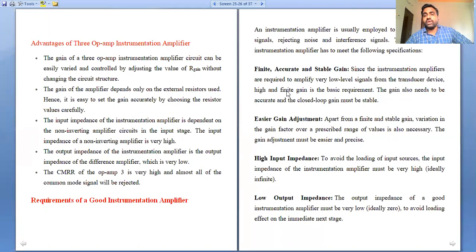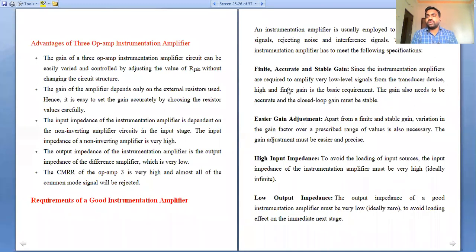Up to now we discussed the three operational amplifier and its advantages. From this discussion, how can we define the proper advantages, or how can we design a good instrumentation amplifier?